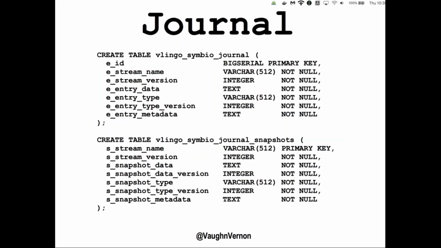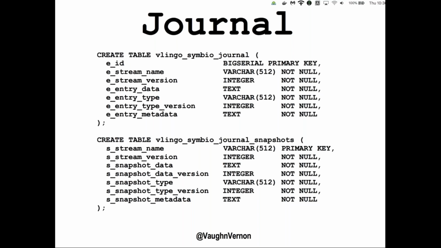These are two of the tables that are supported, for example, in a relational database. So here you can see that we have an overall identity, which is, in the case of, let's say, Postgres, a big serial, which is capable of a very large number. The stream name is the global unique identity of the entity, for example, the rate.